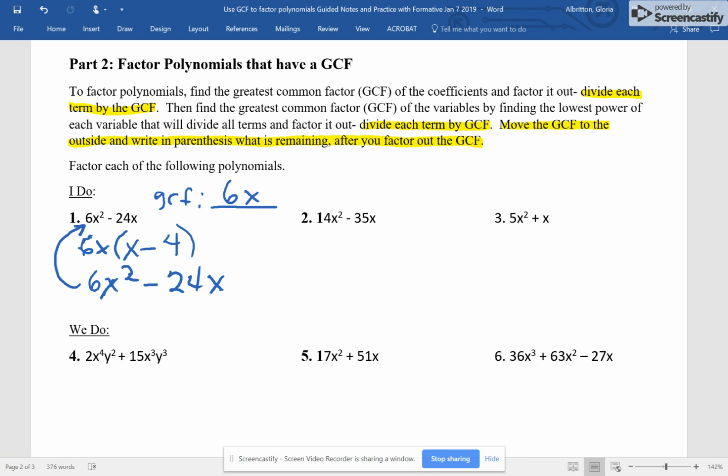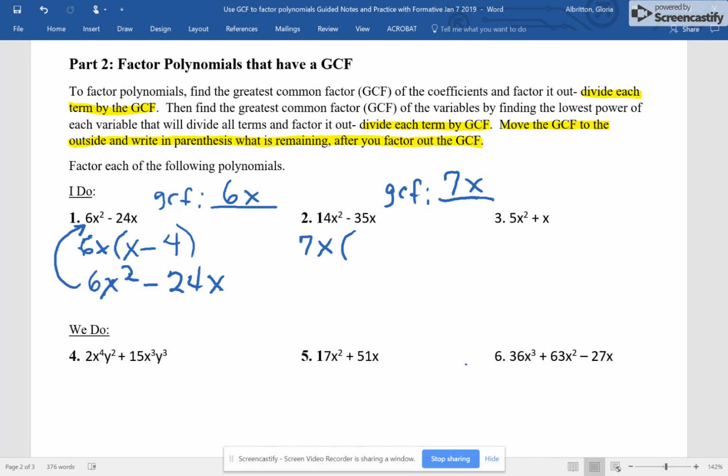Let's do number 2. The GCF of 14x squared and 35x is going to be 7x. So I'm going to pull 7x to the outside, and I'm going to have parentheses with the remaining factors on the inside.